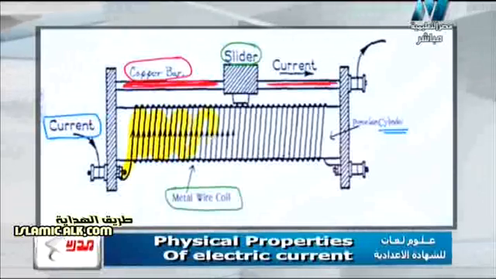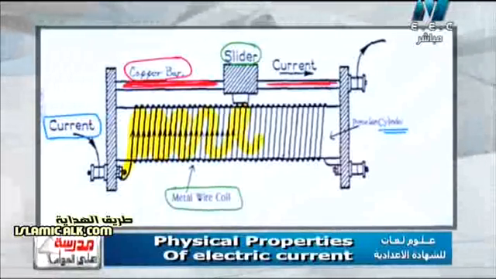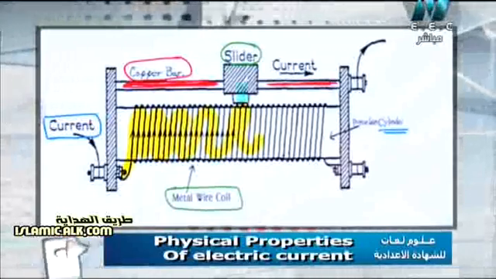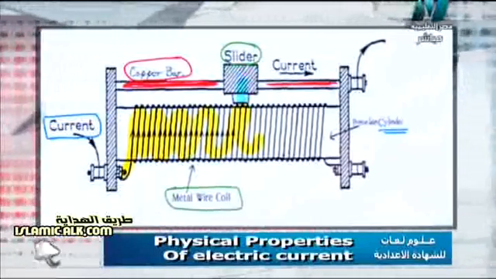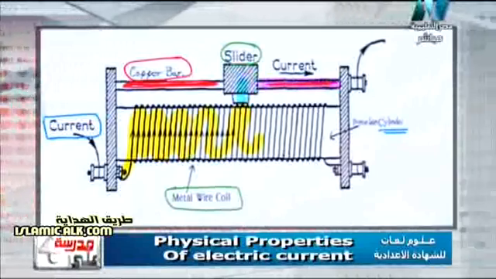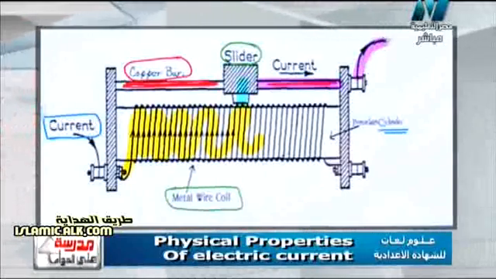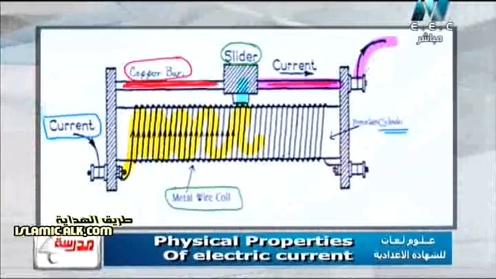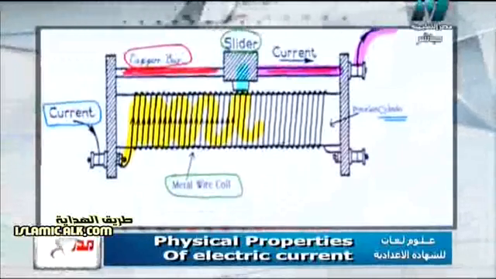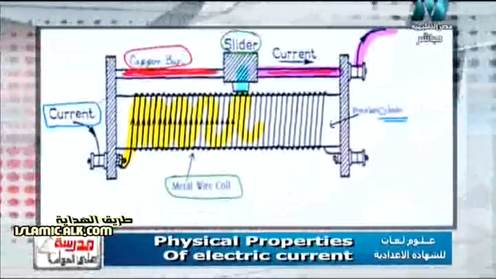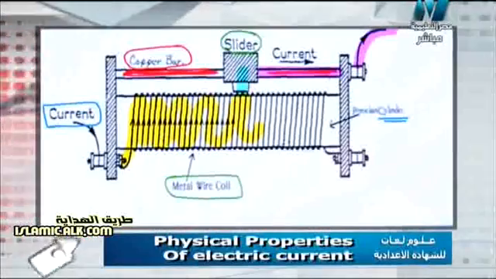Okay, then go through the slider from here, then go out this way to the other terminal of the rheostat. According to the length of the wire, the electric resistance will change.